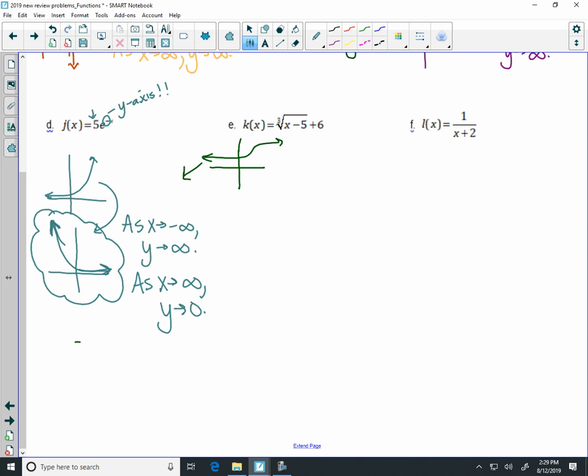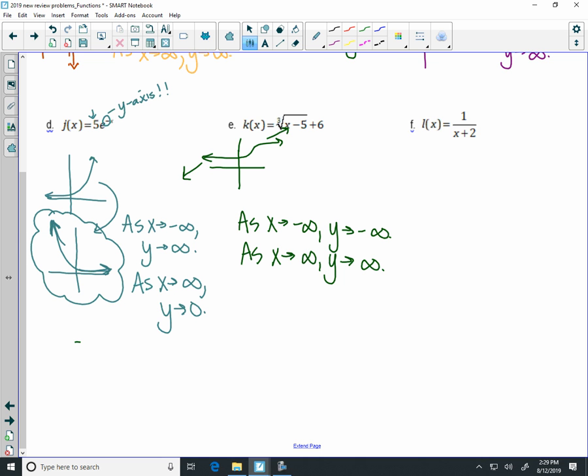It's just going out faster than it's going down. And it's really going up forever over here. It's just going out faster than it's going up. So as x approaches negative infinity, y approaches negative infinity. And as x approaches positive infinity, y approaches positive infinity.